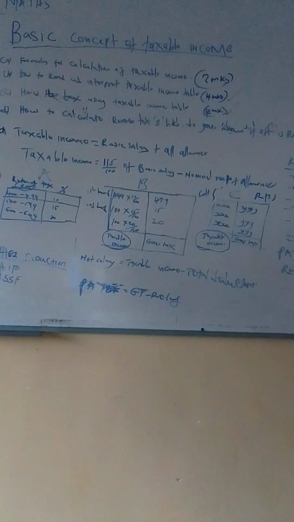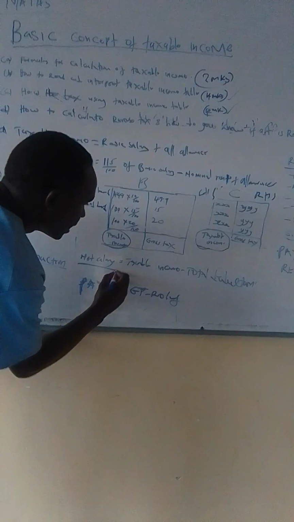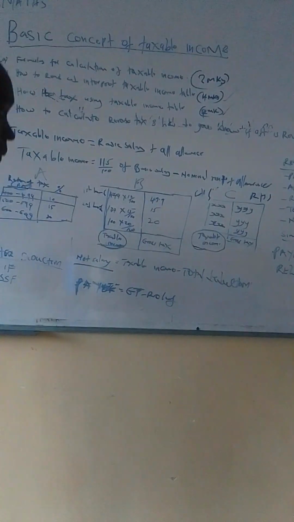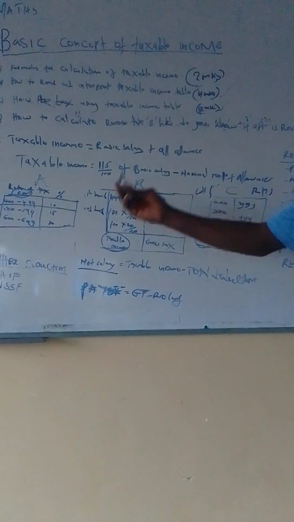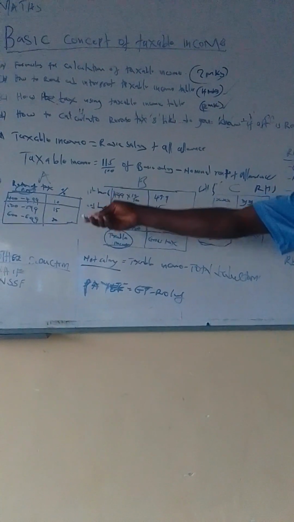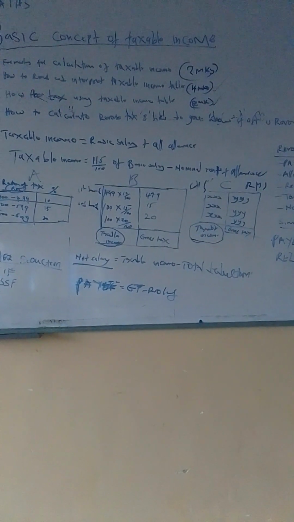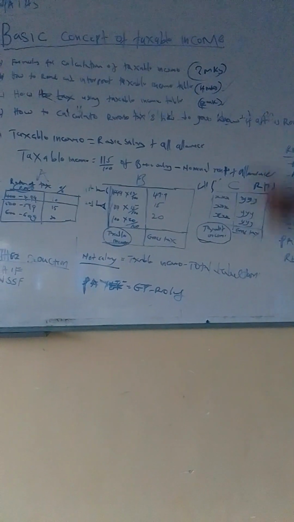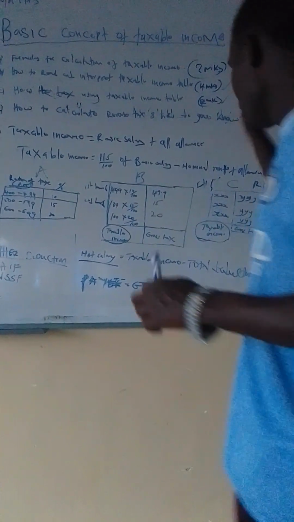Now, how do we calculate net salary? I have said net salary is equal to taxable income minus total deduction. And remember, taxable income, I have obtained it using the formula and also the table. So, minus total deduction. And remember, PAYE is always one of the deductions and it should be included.